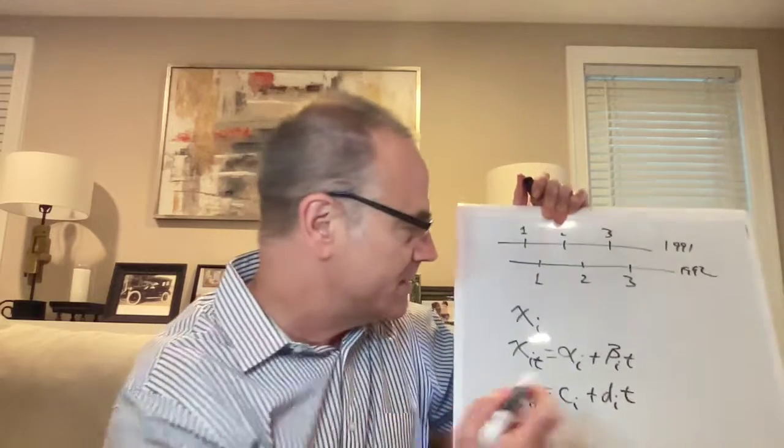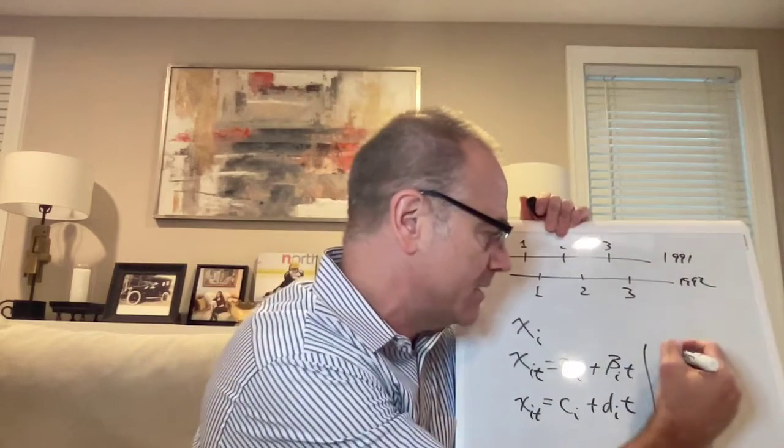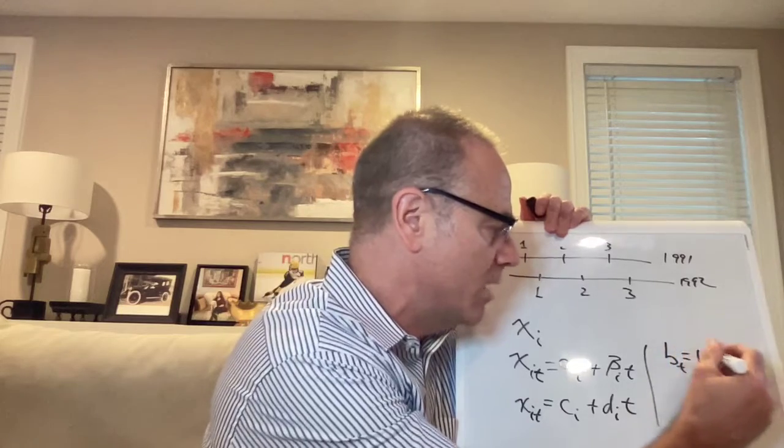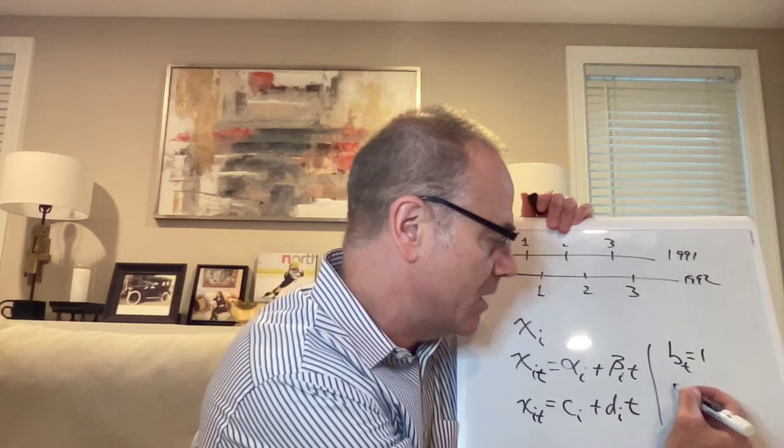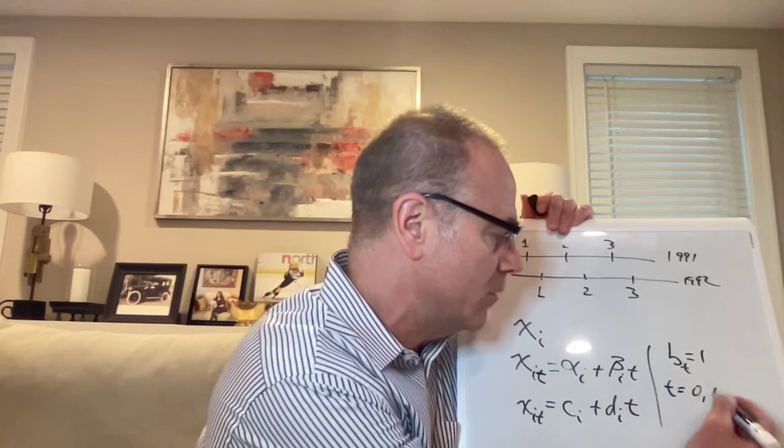To make it simple, we assume BT equals 1 for all T, and T equals 0, 1, and 2.